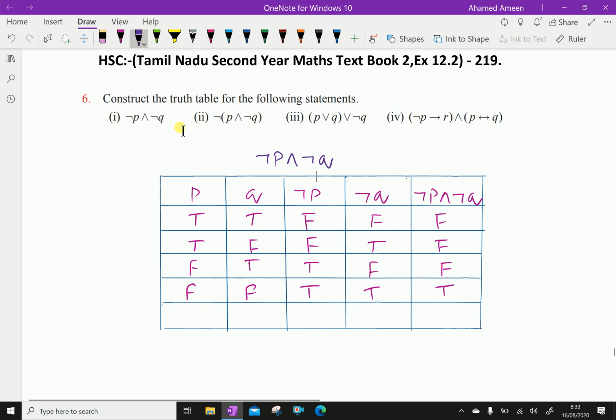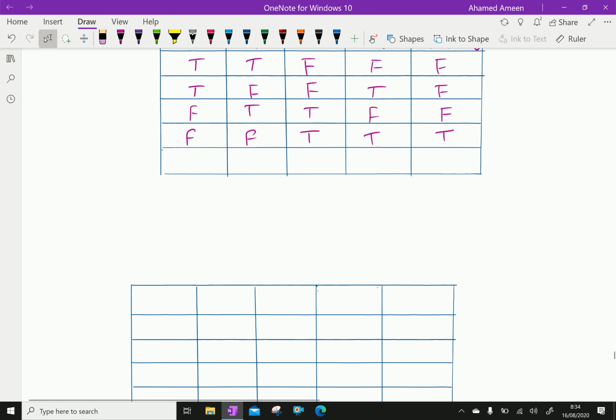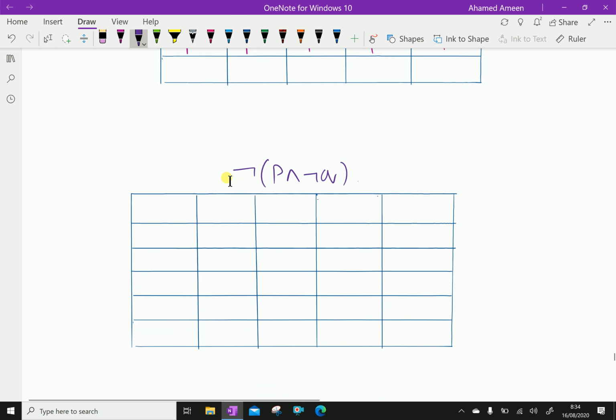The second question is negation of P intersection negation of Q. Negation of P, conjunction, negation of Q. Now let us fill regarding that here.